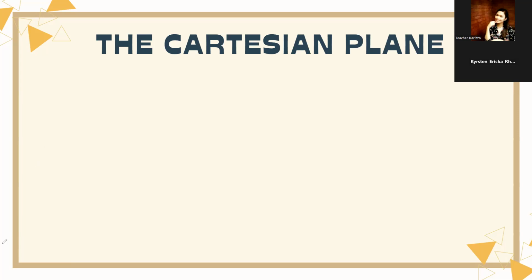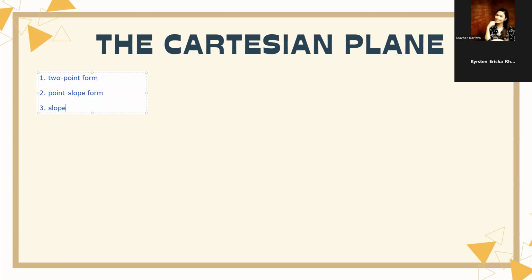So we have 6 types. Let me write them down. Number 1 is the 2-point form. Next, we have the point slope form.